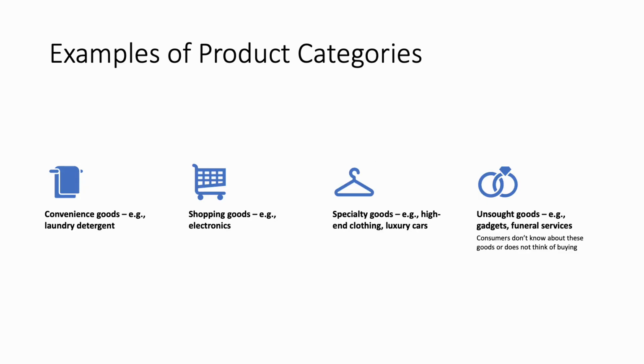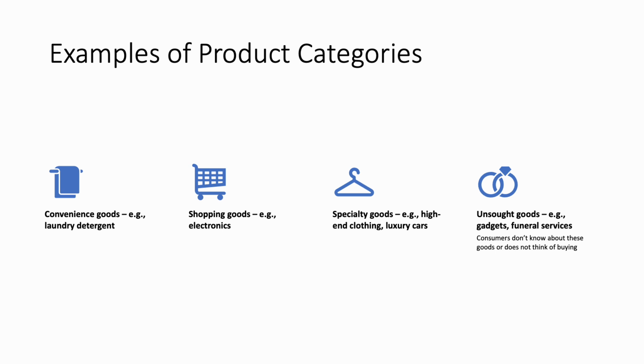As you continue to work through your campaigns this week, I want you to think about the category your products or service fall into. Products in general fall into different categories based on how consumers buy them. Convenience goods are everyday items like laundry detergent. They are easy to find and buy. Shopping goods are items like electronics, where consumers spend more time comparing options.